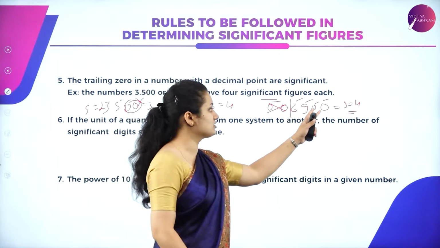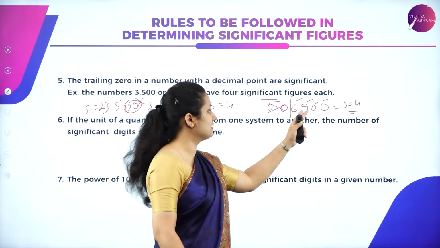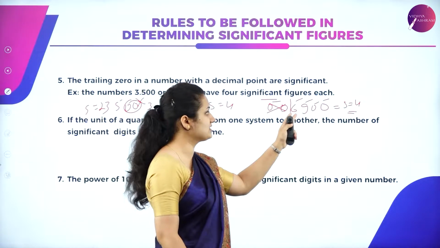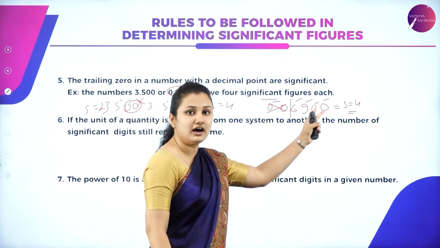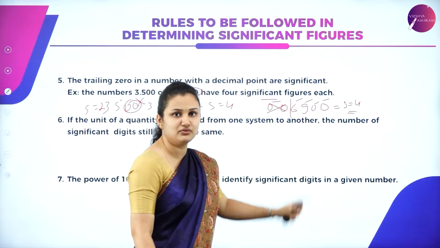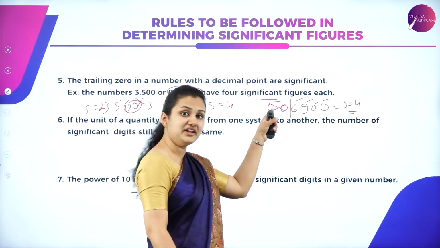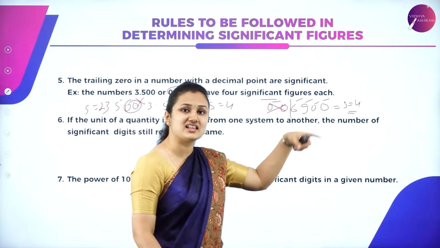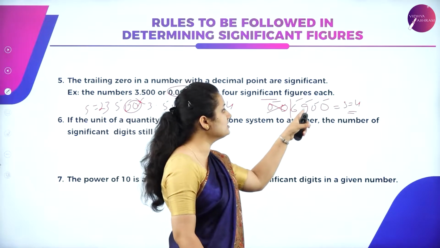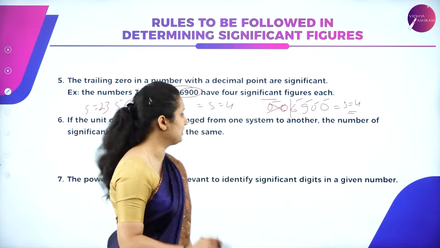Consider 6900. If it was 6900 without a decimal point, then the zeros are insignificant. It would be only 2 significant figures. Since there is a point here, the zeros following 9, the trailing zeros, have significance. That is why it is 4 significant figures.